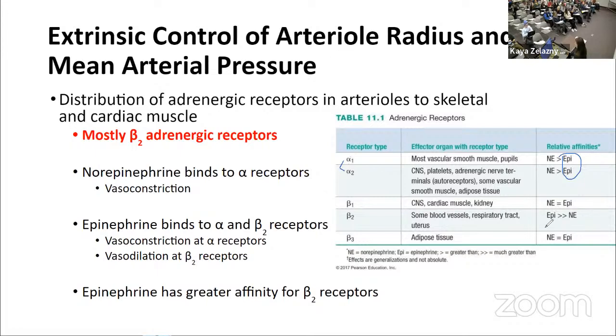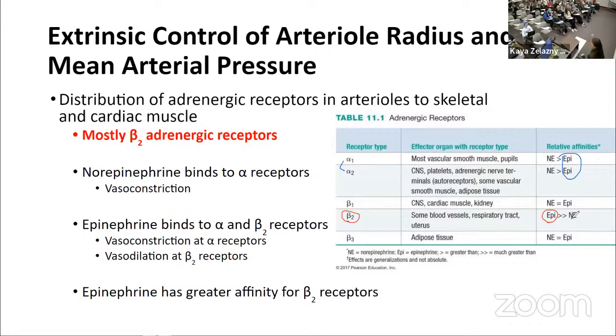But what it really, really likes to do is bind to those beta-2 receptors. And those beta-2 receptors far prefer the epinephrine, although they could, under some limited circumstances, bind to the norepinephrine. If there's epinephrine, they really want that instead. They have greater affinity for epinephrine.